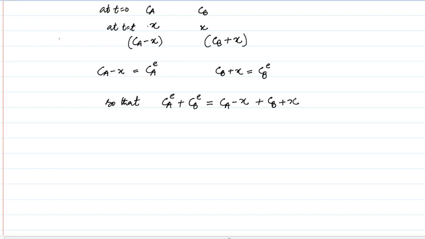Here you will see this plus and minus will cancel, so you will get Ca plus Cb equal to Ca equilibrium plus Cb equilibrium. So this is now equation 7.